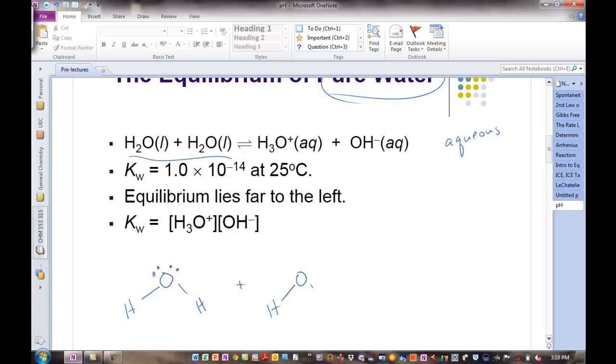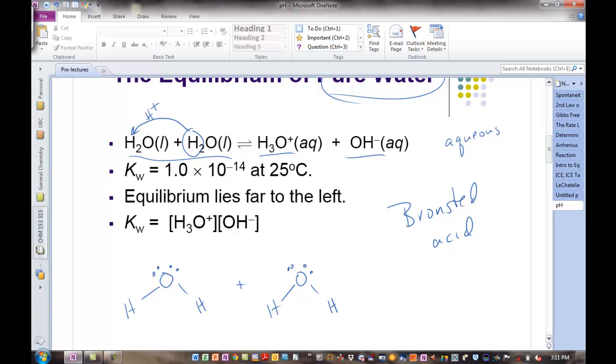You probably remember the Bronsted definition of acids and bases from last semester. A Bronsted acid is a hydrogen ion donor. One of the water molecules donates an H+ to the other, producing hydronium and hydroxide.